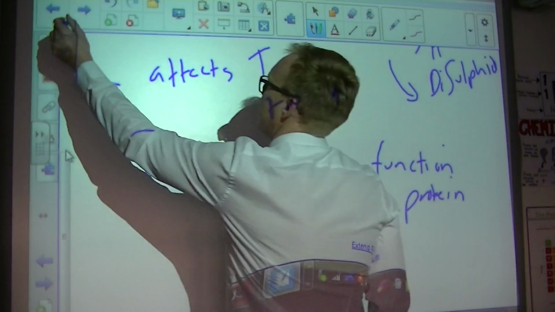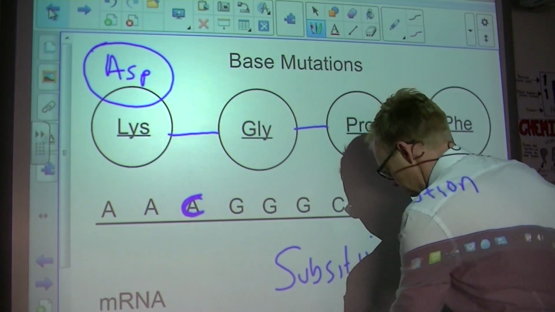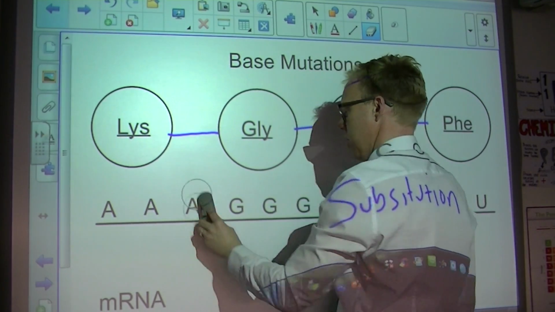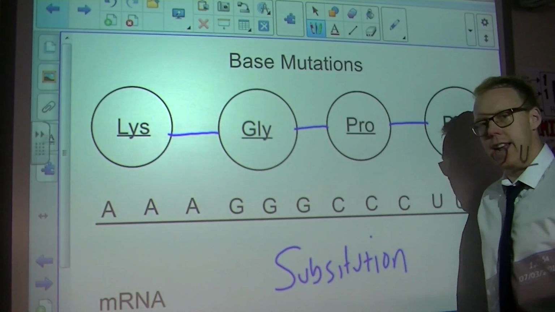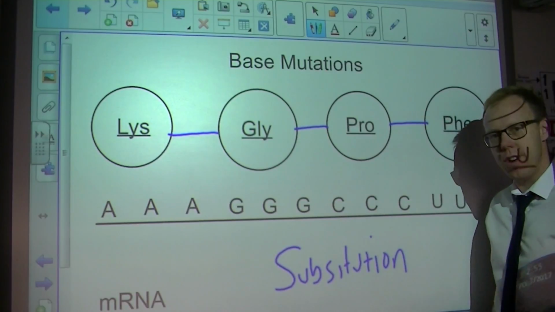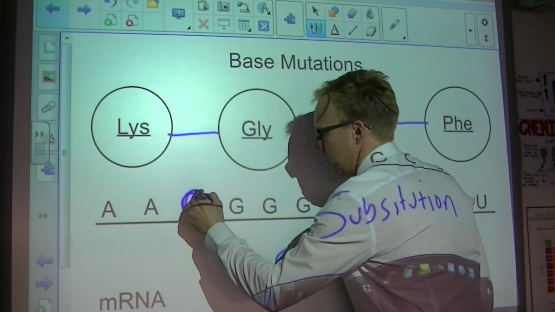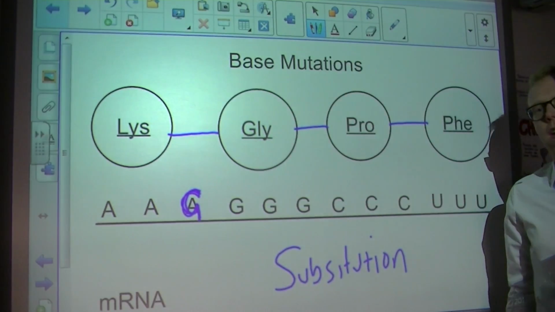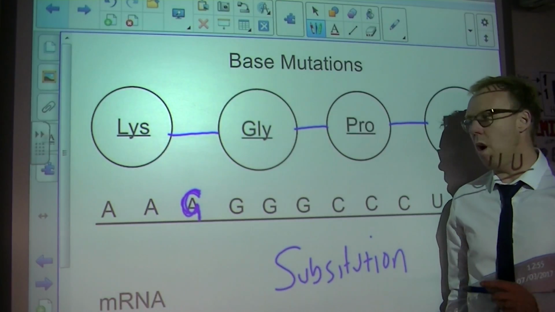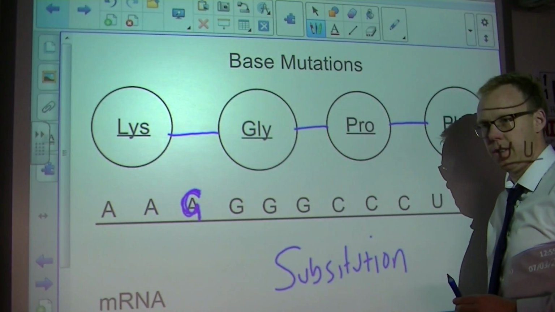But I'd like to go back a little bit. I would like to perform another substitution. Again, a mutation occurs, a different base is substituted for an original base, but this time the A is substituted for a G. Can you tell me what effect that will have on the amino acid in that position?